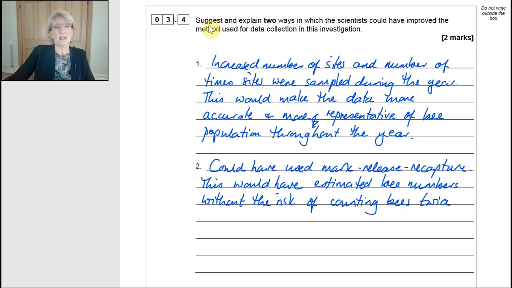This question says, suggest and explain. You have got to suggest something and explain the biology behind it, how they could have improved the method used for data collection. So I said increased number of sites and number of times sites were sampled.